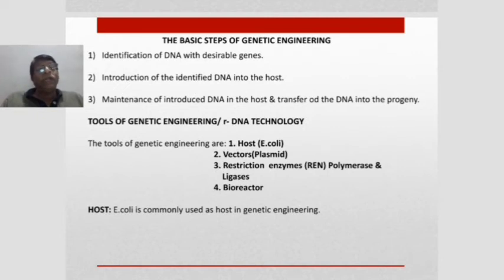Next tool is bioreactor, for multiplication and to produce the progeny, then to produce the product. So host E. coli, Escherichia coli, is commonly used as host in genetic engineering.